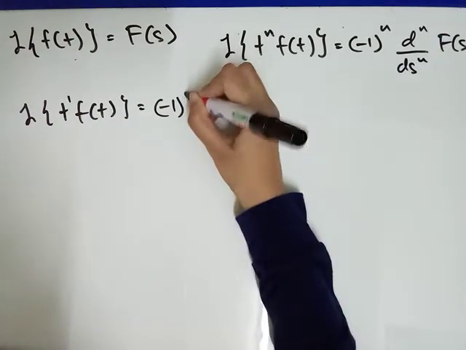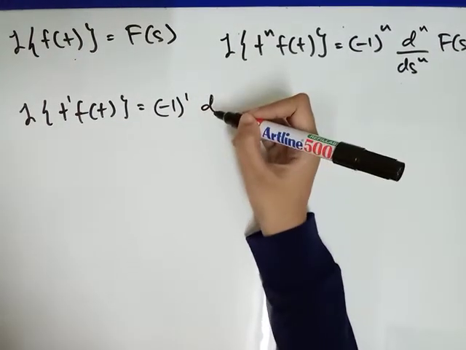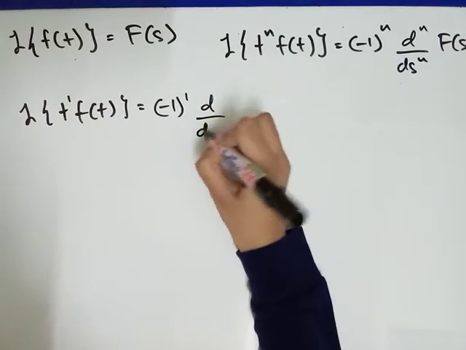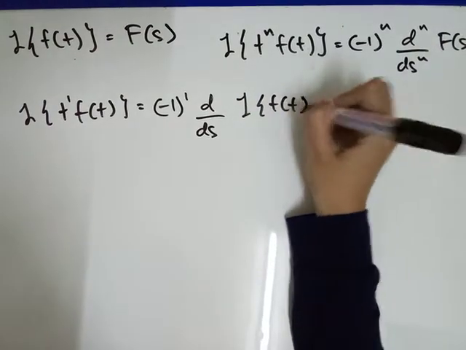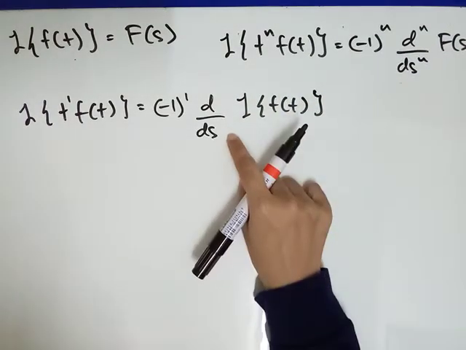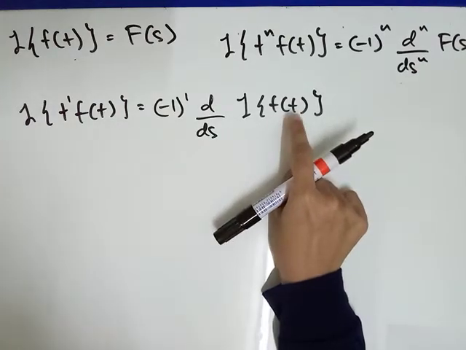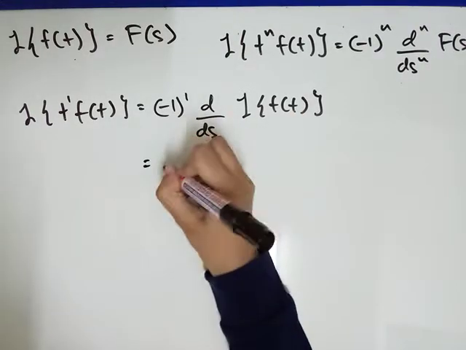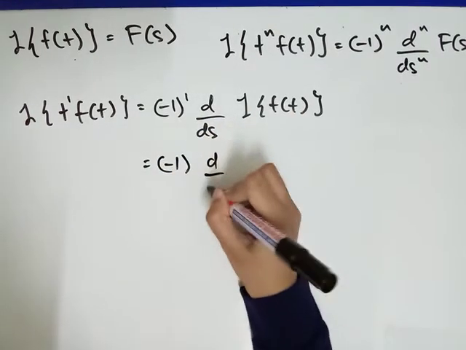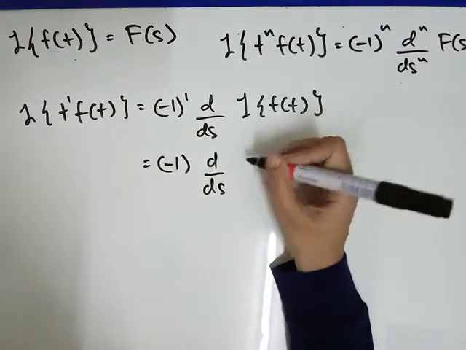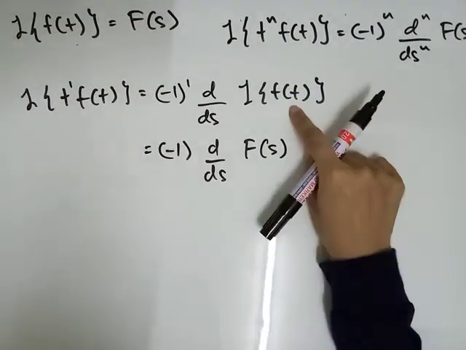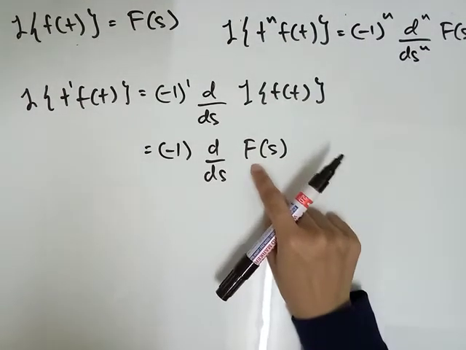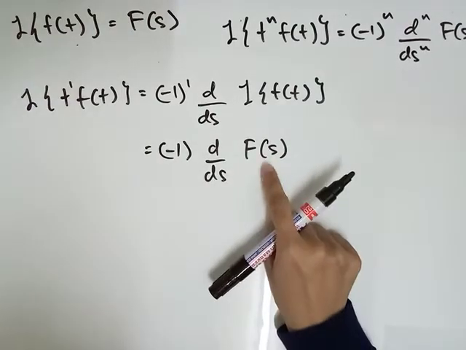So -1 to the power 1, and then the derivative of the Laplace of the function. That means we need to differentiate the Laplace of f(t), which is capital F of s. So we need to differentiate this one.